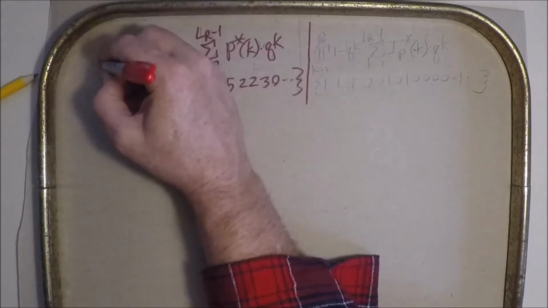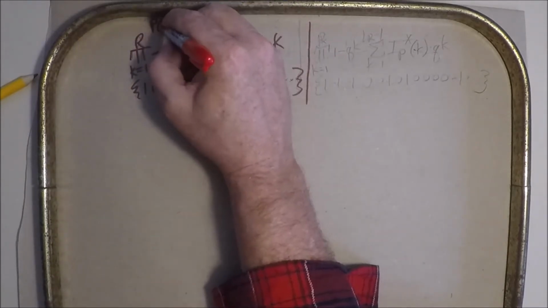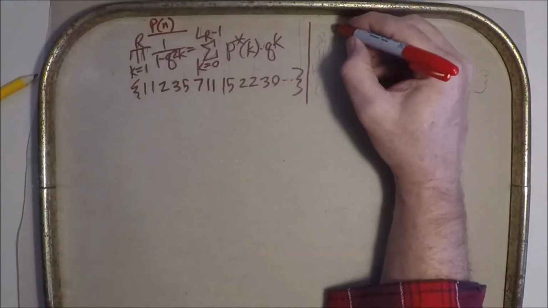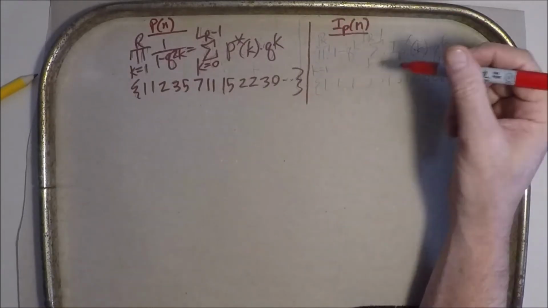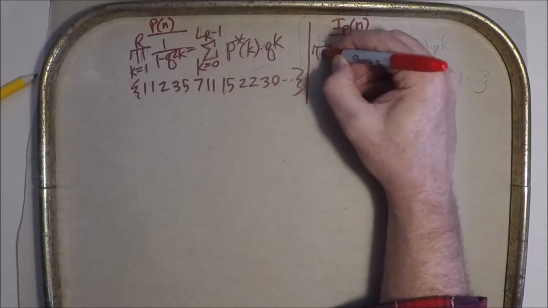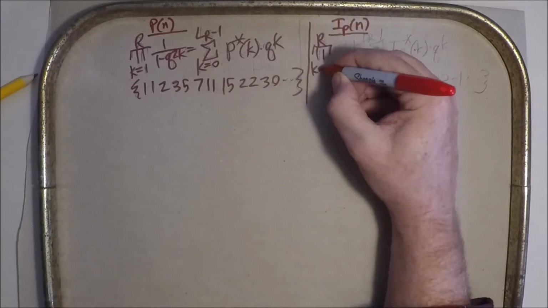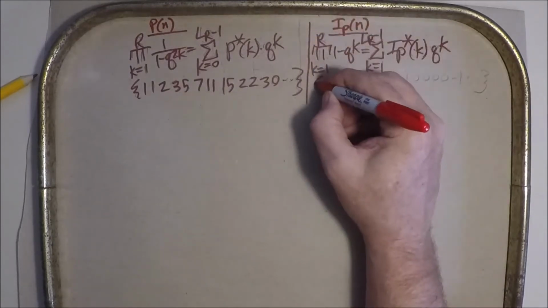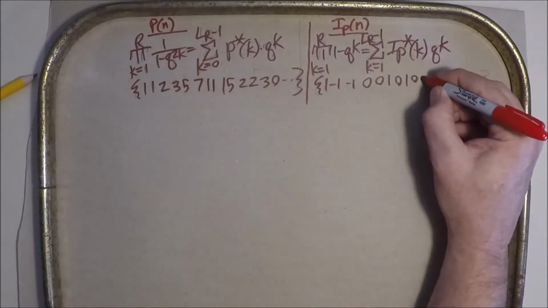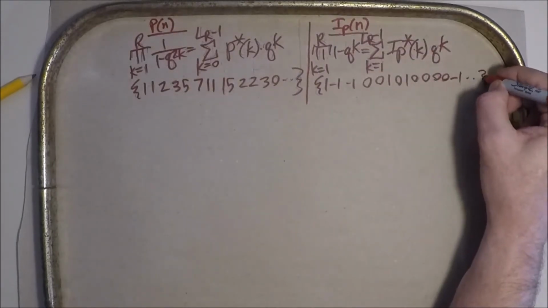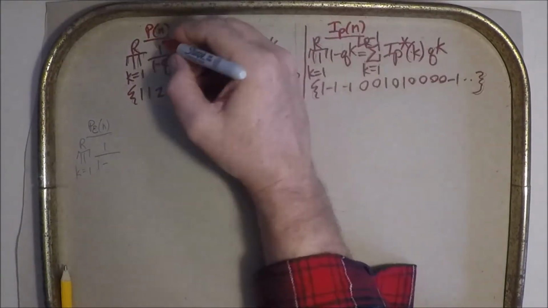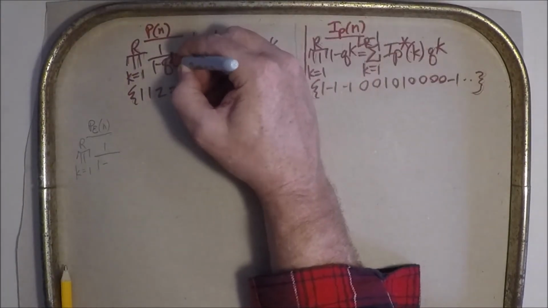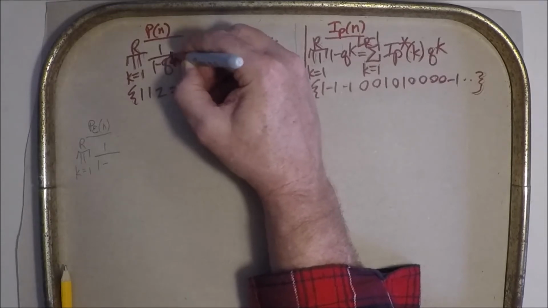This is corresponding to P of n, and this is corresponding to IP of n, the indicator of partitions of n, aka the inverse, with the sequence that we all know by now, indicating the generalized pentagonal numbers. Need to correct that. It's not a 2k, it's just a k.